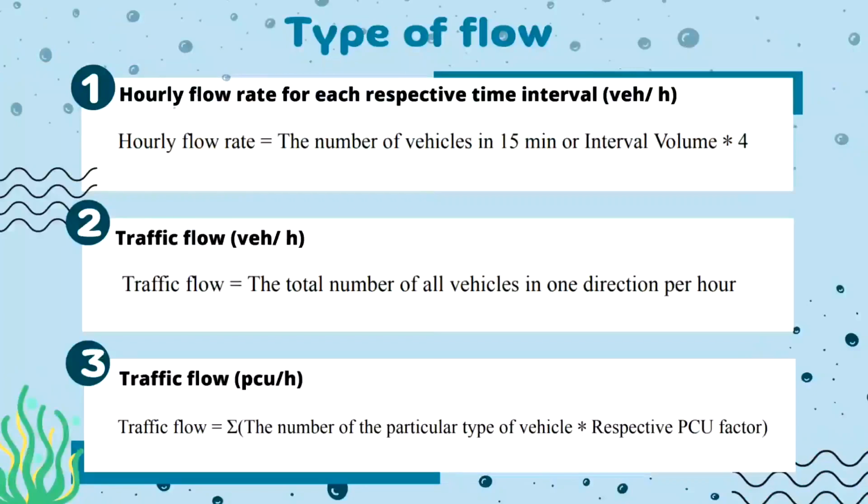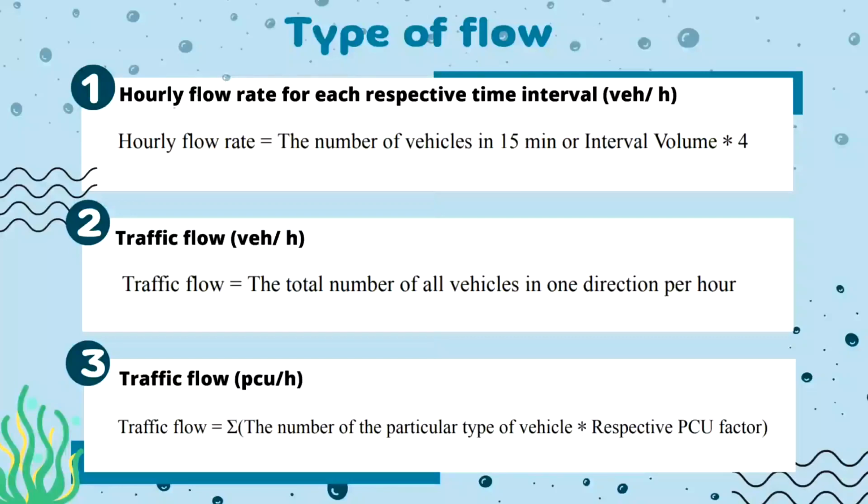In our project, we calculated three types of flow. First is the hourly flow rate for each respective time interval, in units of vehicles per hour. The hourly flow rate is equal to the number of vehicles in the 15-minute interval multiplied by 4.